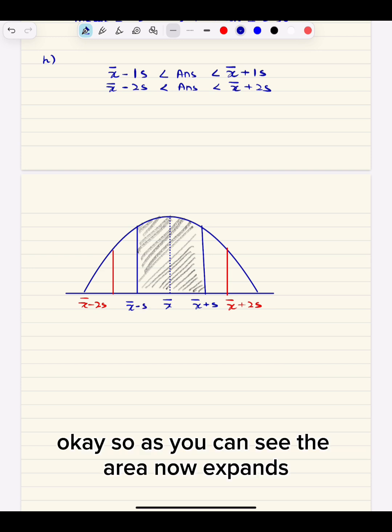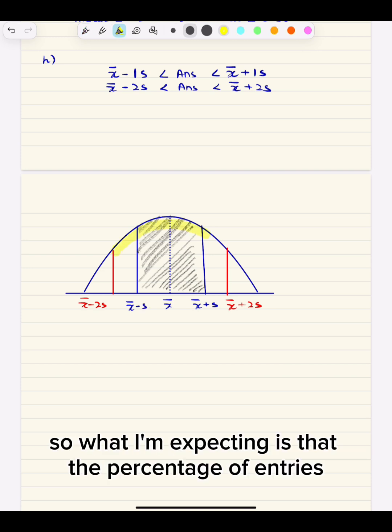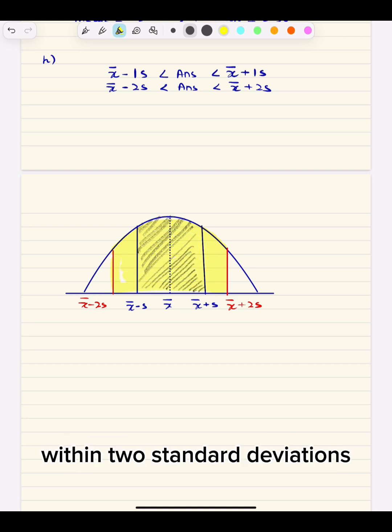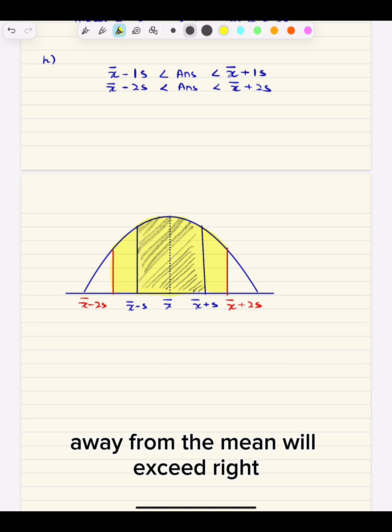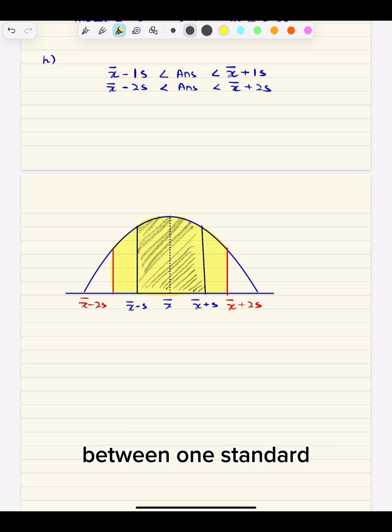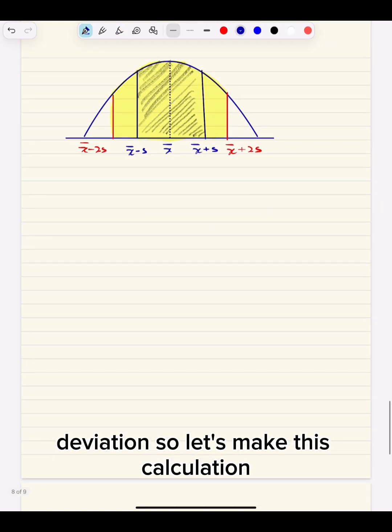Minus. So as you can see, the area now expands. What I'm expecting is that the percentage of entries within 2 standard deviations from the mean will exceed the percentage of values within 1 standard deviation. So let's make this calculation.